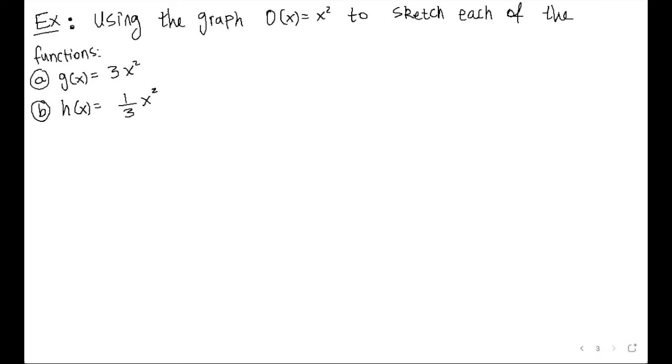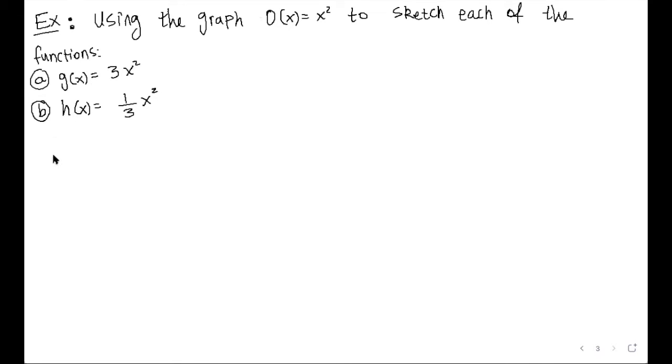I need you to think about the first one and tell me whether it's vertically shrinking or stretching, or horizontally stretching or shrinking.